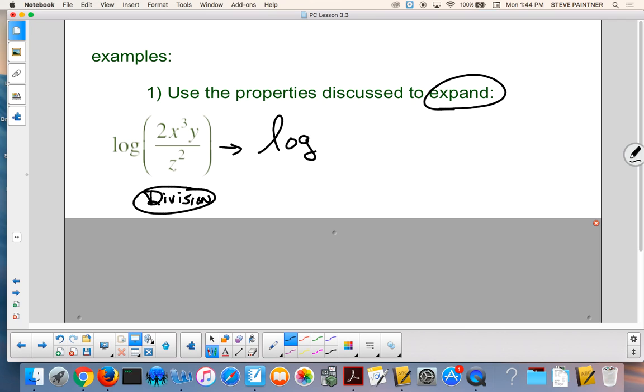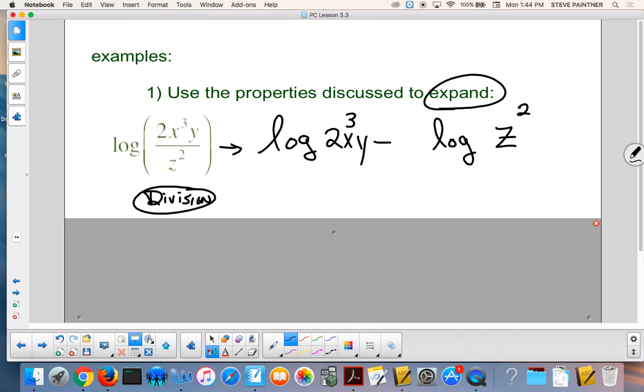Hope you see division in there right away. The second you saw division, did you break it into what? Subtraction? Good. Yep, that's what you should do. So it's log minus log. You're taking log of the numerator minus log of the denominator, right?